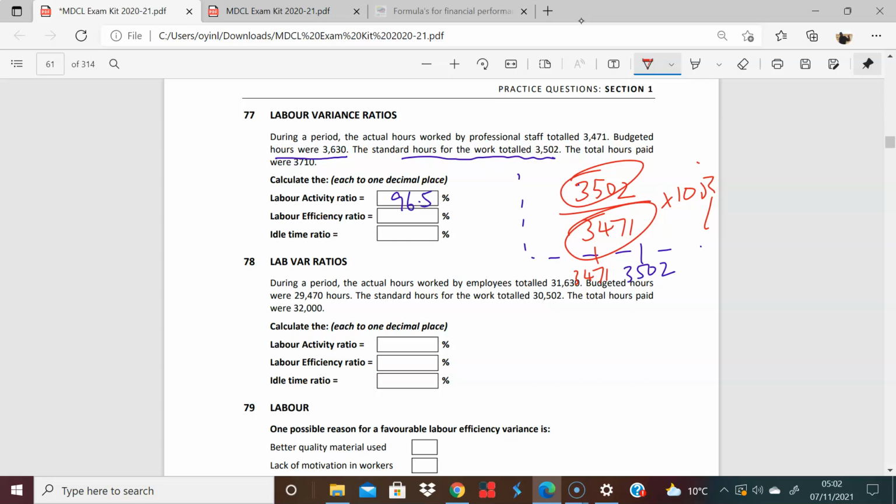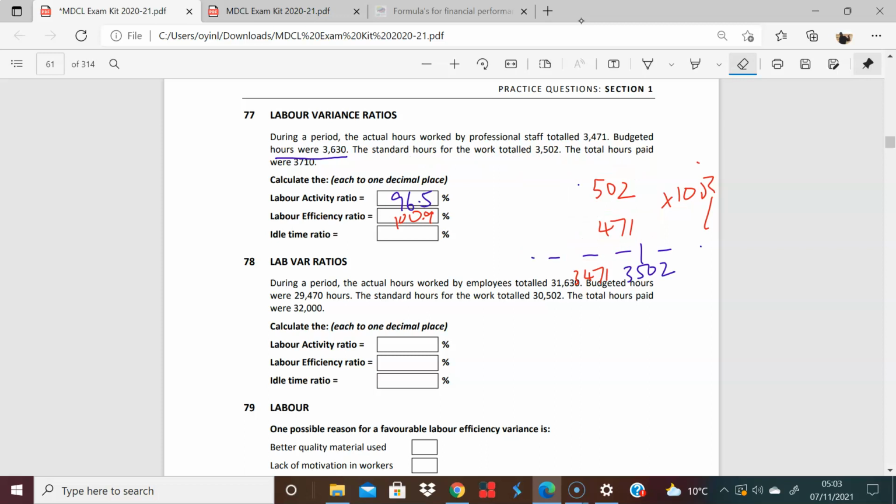So 3,502 divided by 3,471 is 100.9%, which is what I get.